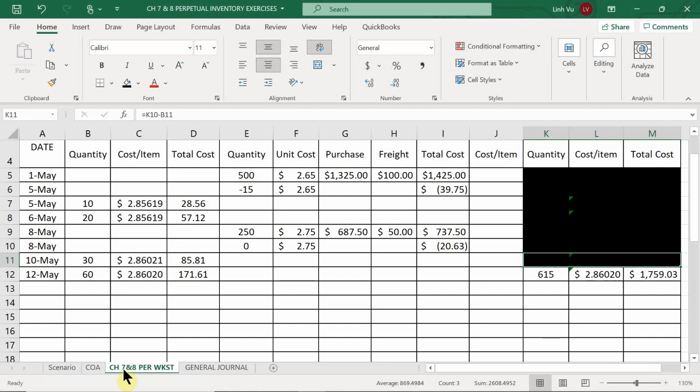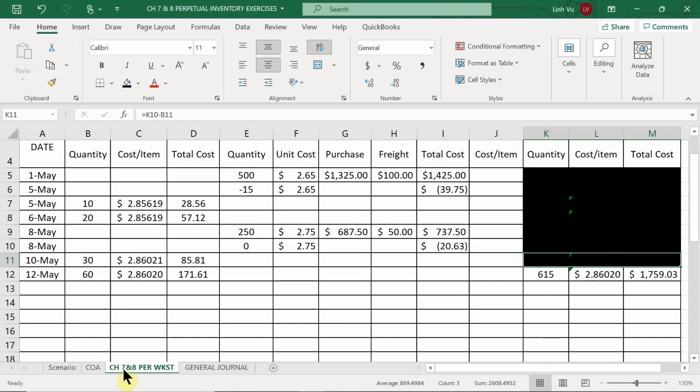But let's say fast forward, maybe it's 2.845.9. Let's just say that was the price point. Unfortunately, you would just have to follow the logic so you don't backtrack into messing up your inventory worksheet, because if you do that, you're going to mess up your average cost per item very badly.